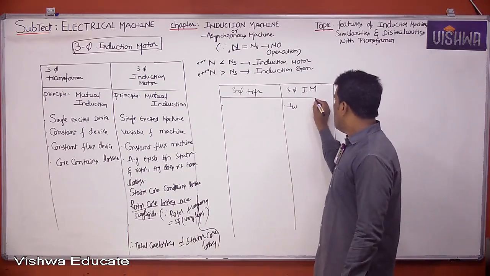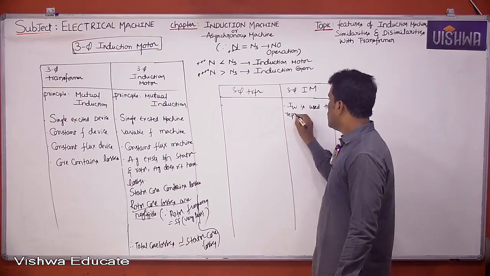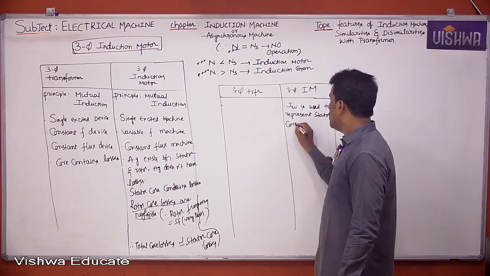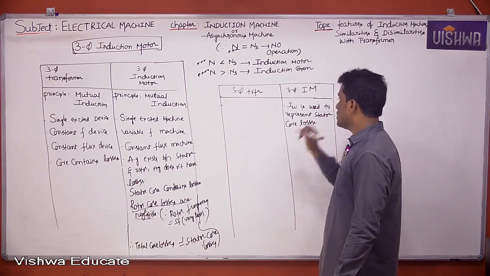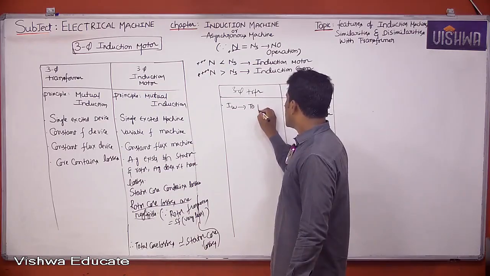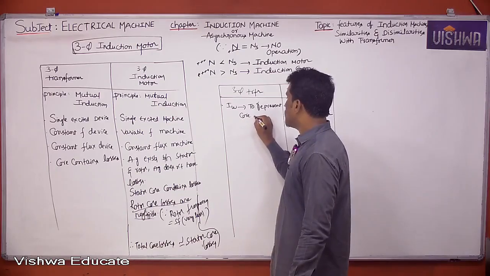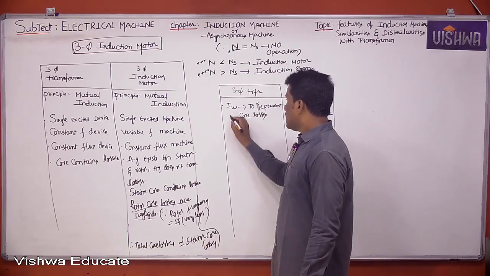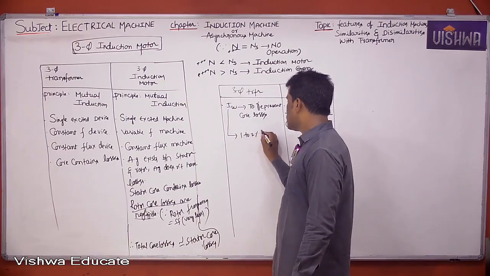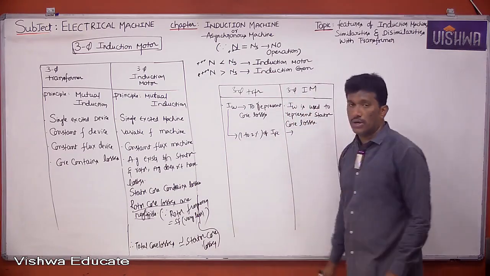Similarly, in a transformer also IW is used to represent core losses. I think I had given you the value: IW is equal to 1 to 2% of full load current.